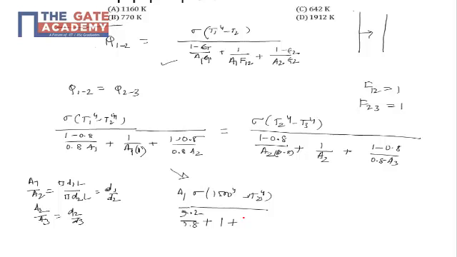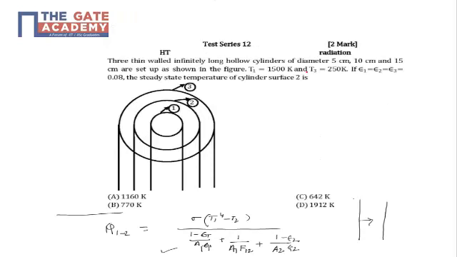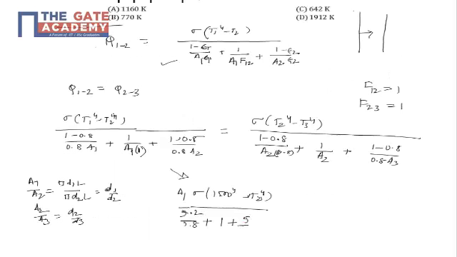Going back to the question, the diameters are 5, 10, 15, so it is 5 by 10 into 0.2 by 0.8. So this is what is on the left side.